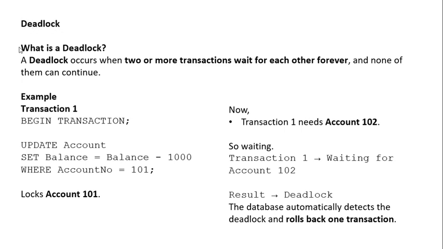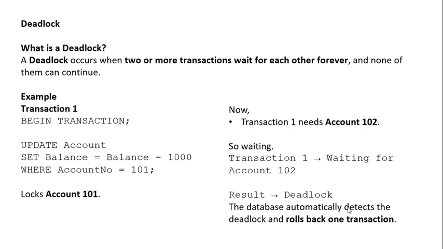The next topic is deadlock. What is a deadlock? A deadlock occurs when two or more transactions wait for each other forever, and none of them can continue. An example: transaction 1 begins a transaction; UPDATE account SET balance = balance - 1000 WHERE account_number = 101; and locks account 101. Now transaction 1 needs account 102, so it is waiting for account 102, and the result is a deadlock.